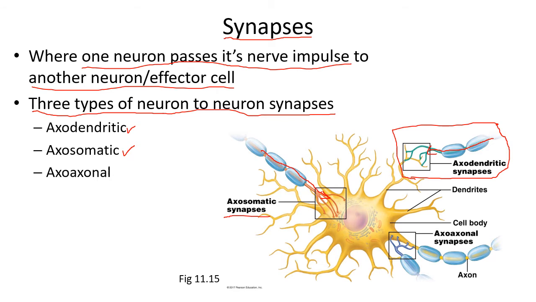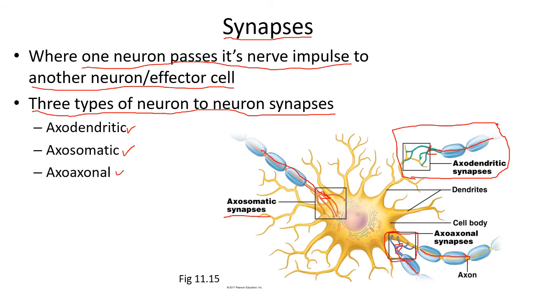And then finally we have the axoaxonal, which is when the axon of one is going to synapse directly with the axon of another. So we're essentially going to bypass the cell body at that point and go right to the other axon, although it is done near the cell body.